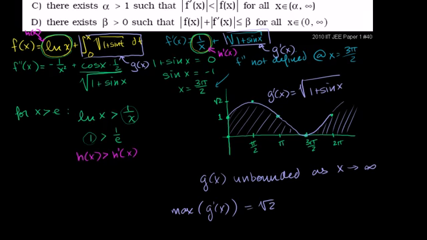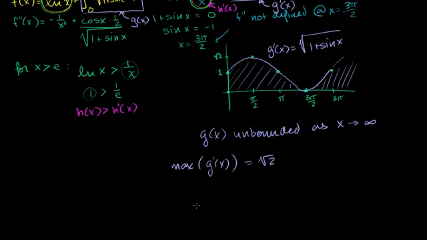Let's say at x greater than 10, I'm just picking an arbitrary number, it's clear that the integral from 0 to x of the square root of 1 plus sine of t dt is going to be greater than the square root of 1 plus sine of x.